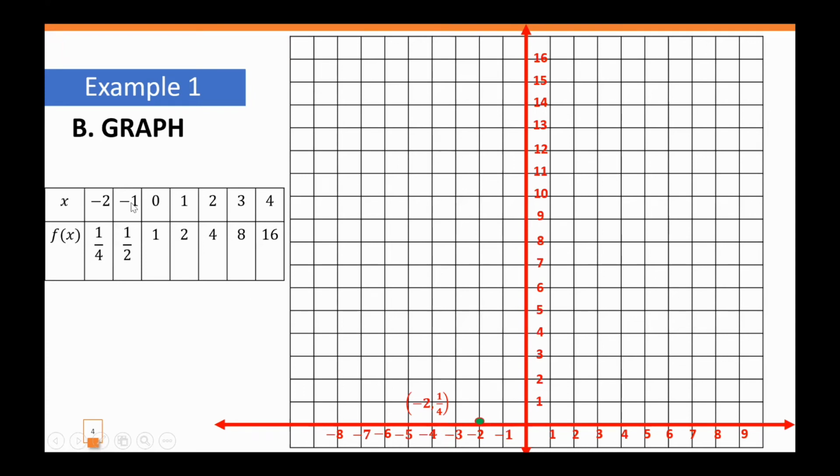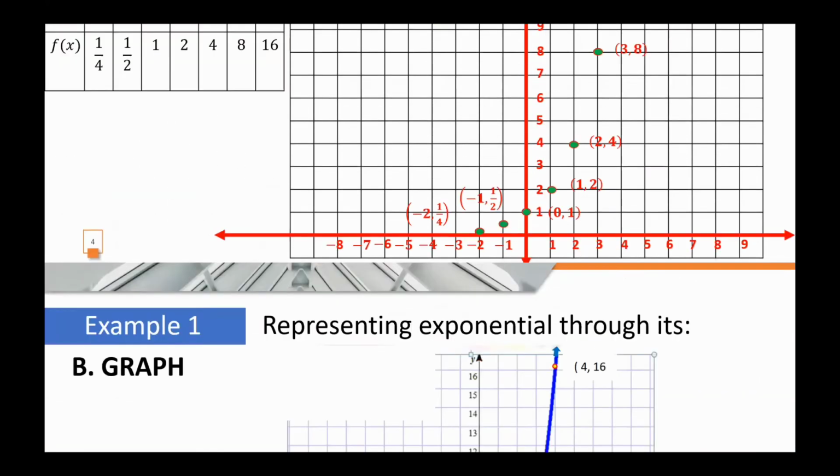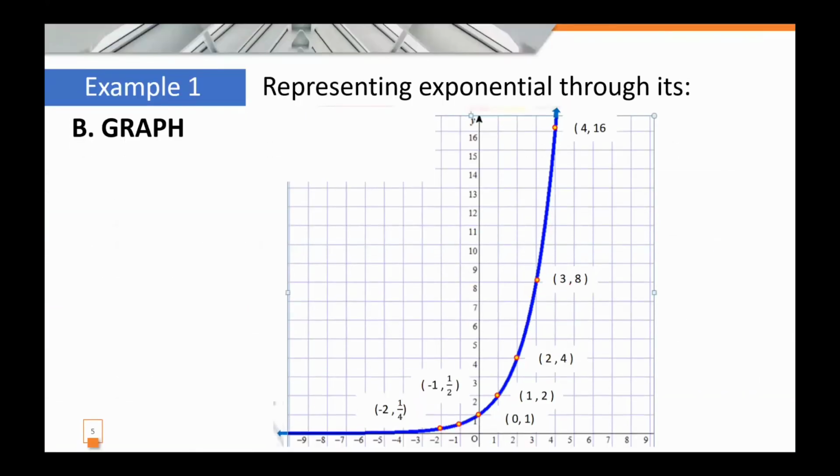Next, we have (-1, 1/2). That is here. (0, 1), (1, 2), (2, 4). In the table of values, (3, 8), and (4, 16). If we're going to trace the points, we can have a smooth curve as the graph of the given table of values in letter A.